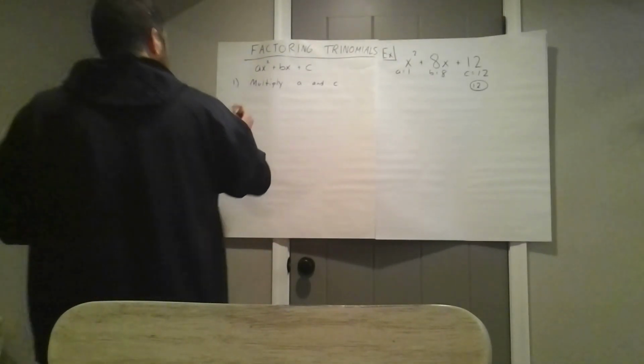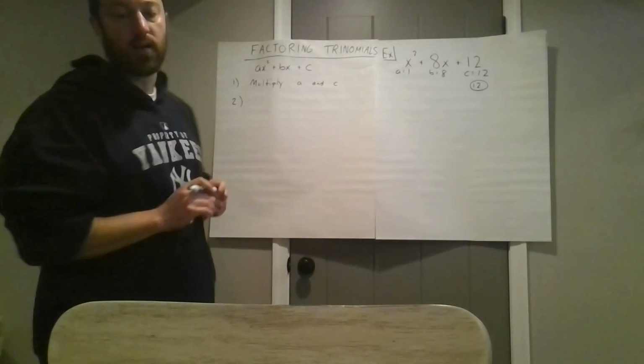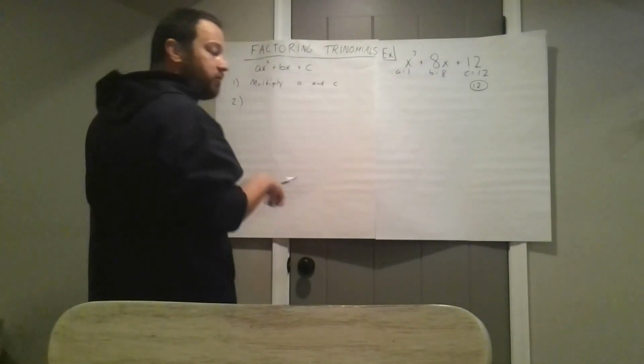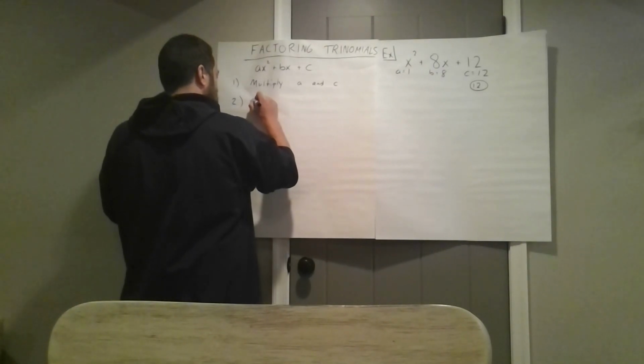Step 2. Now we're going to use the skill that we did last time, where you had to multiply 2 numbers to get something and then add to get something else.